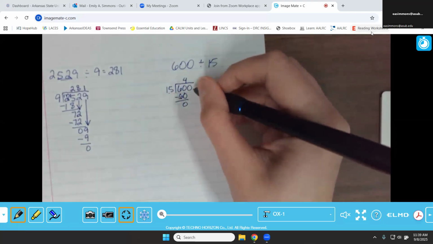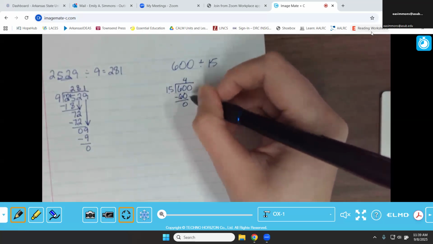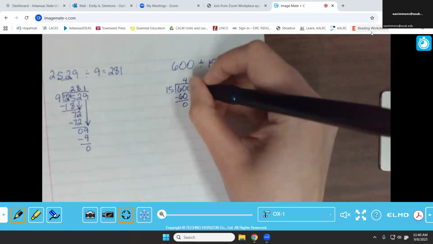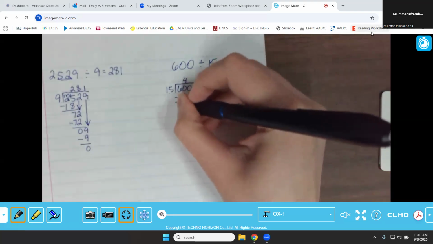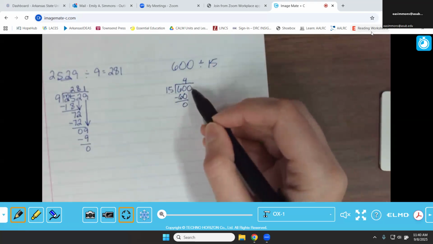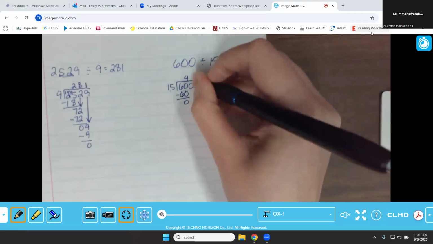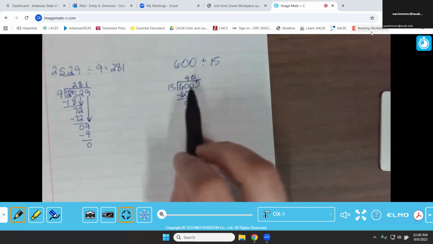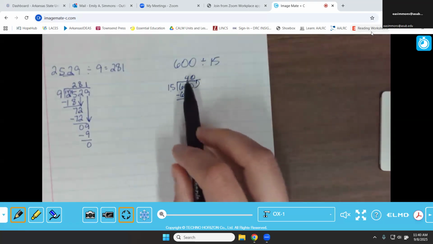And then I could bring my 0 down, but that doesn't give me anything to do. So what I actually do here, when I have nothing down below to add to that 0, I can just bring my 0 up. 15 goes into 600 40 times.